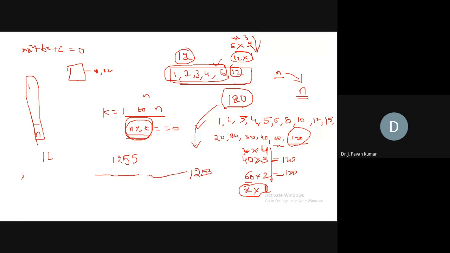So, what is the half of this number? 627. Okay, this will be the half of it. After this, we will not have any more factors other than this. So we can consider up to this itself. Okay, did you get the point?